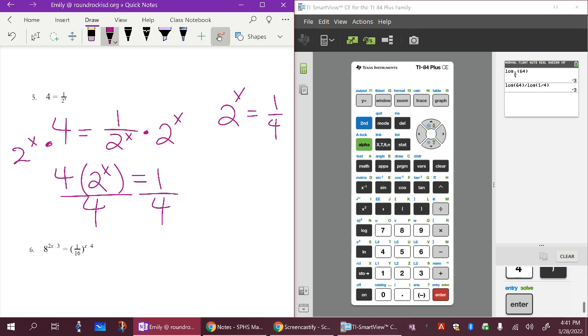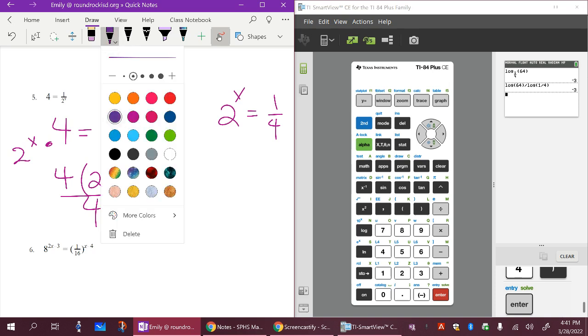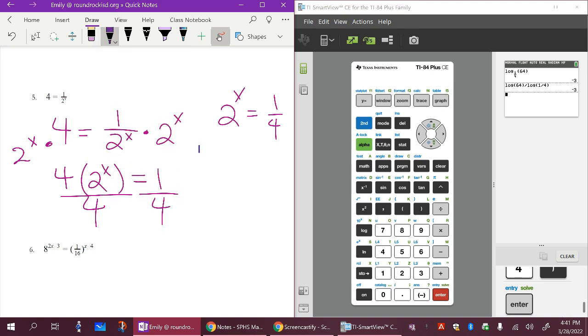From here we can either convert it to a log. So one of our options is to do log base 2 of 1/4 equals x. And we can type that in and get -2.